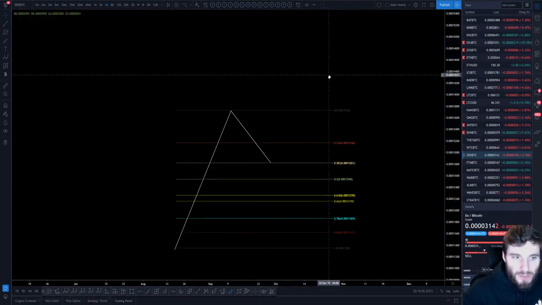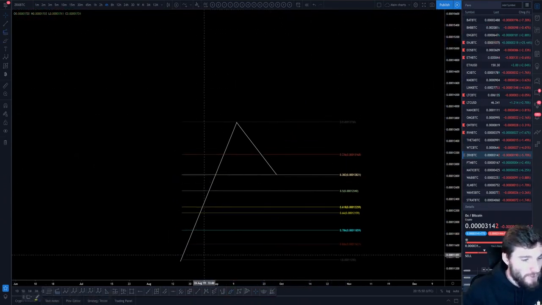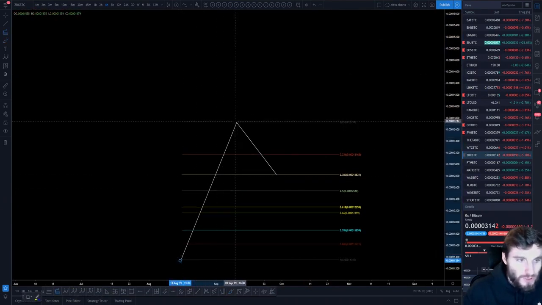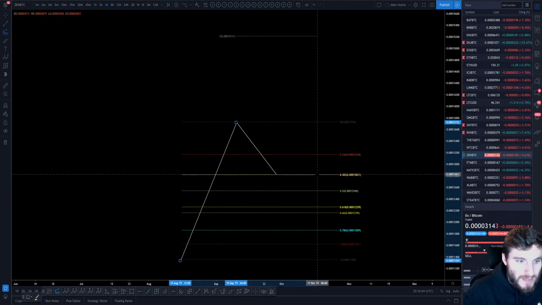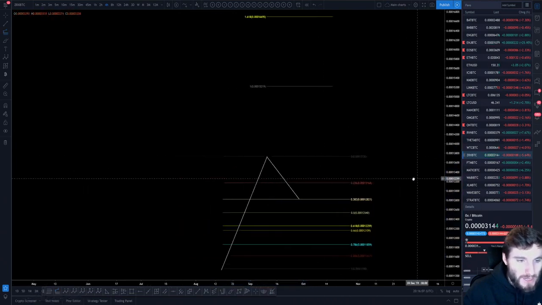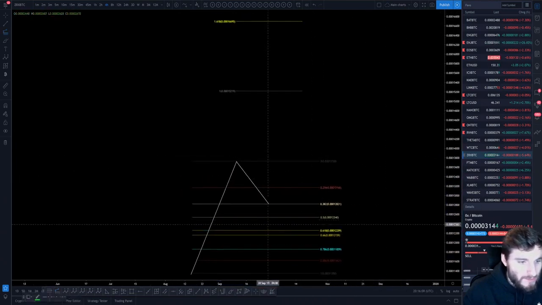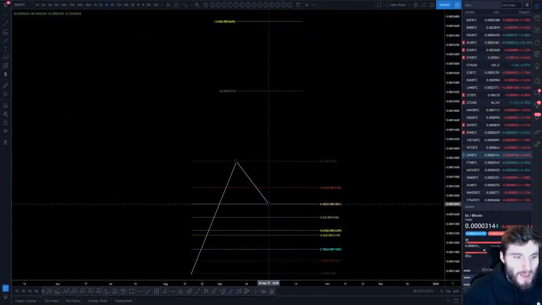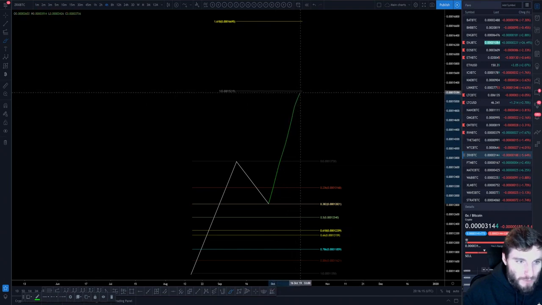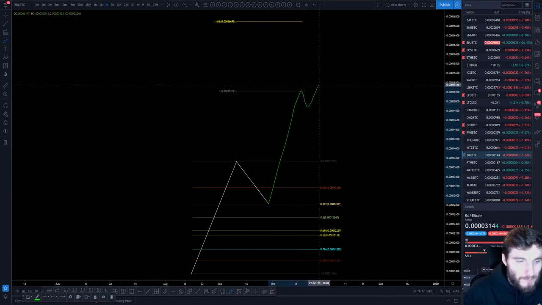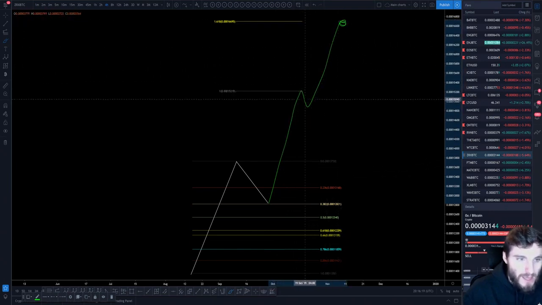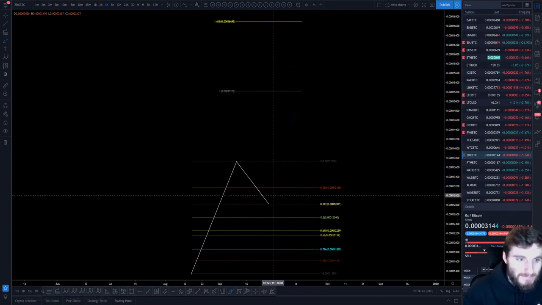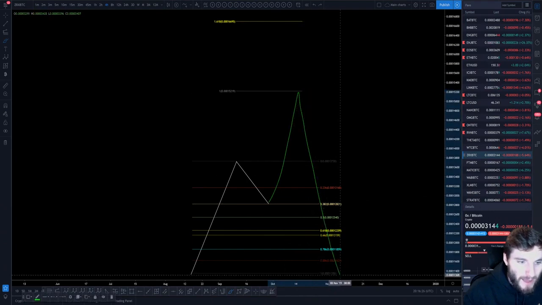So how can you get targets for that? Very simply, from the low of the origin of the move to the high down to the next low. And if this is truly going to be impulsive, your target is going to be the 1618. That would be your general target. Again, what I would say is take profits at the 1-to-1, but ultimately you'd be looking for the 1618. Nobody ever went broke taking profits at this 1-to-1, because there are times where it's going to do that and come down.